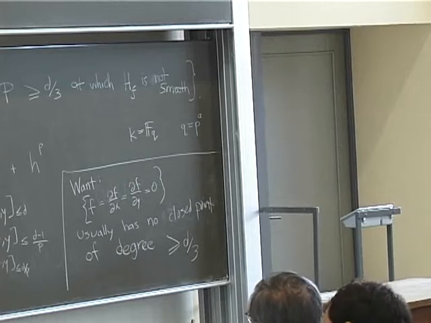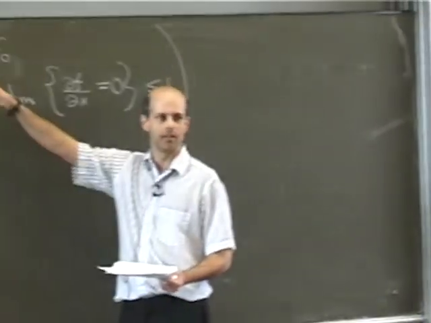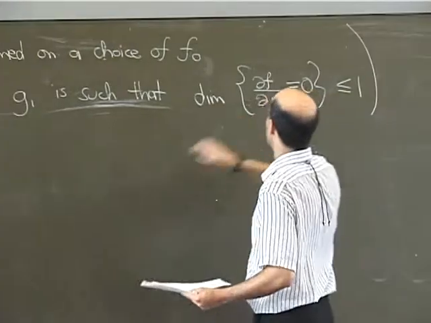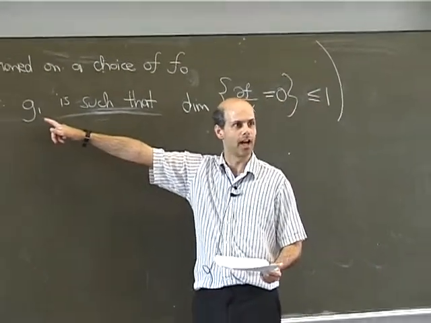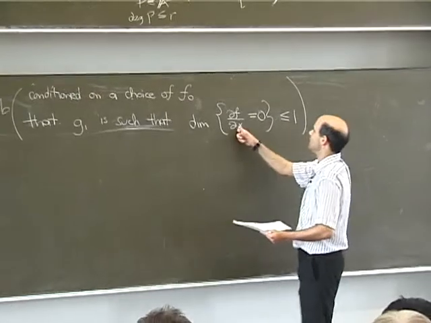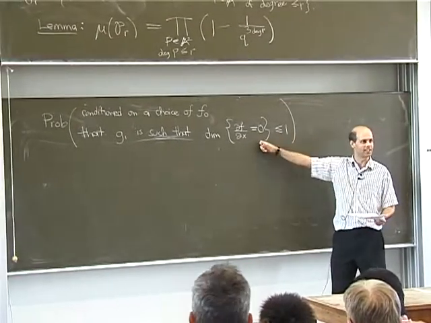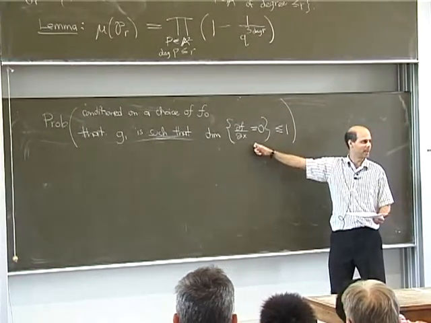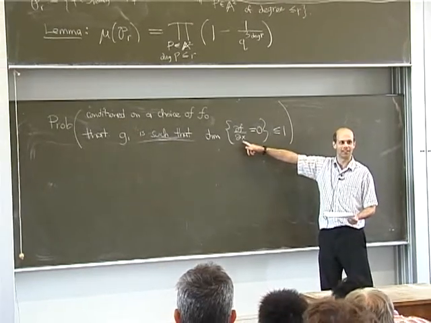And it is true that most of the time, even if I've already fixed f0, well, this partial derivative depends only on g1. And most of the time, if you choose g1, this set will be at most one-dimensional, meaning that it's not the whole space. Because all I need for this to happen is that this polynomial be non-zero.